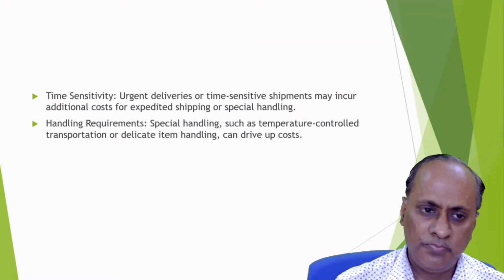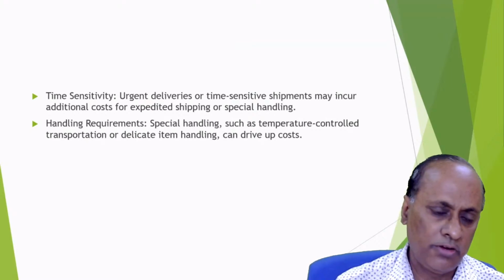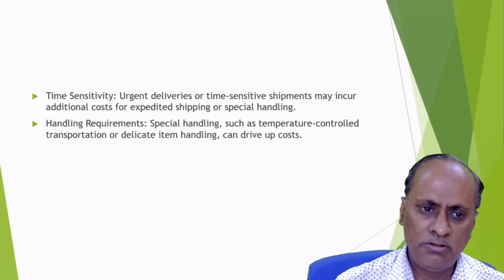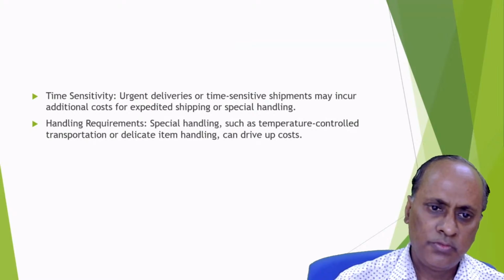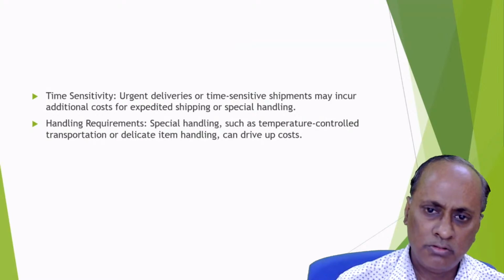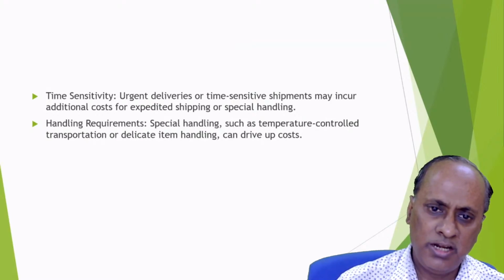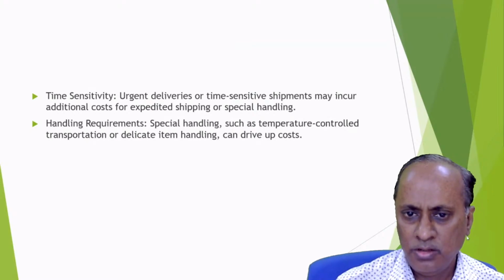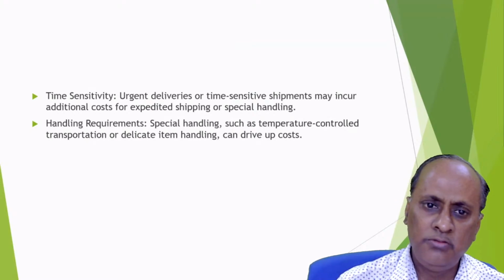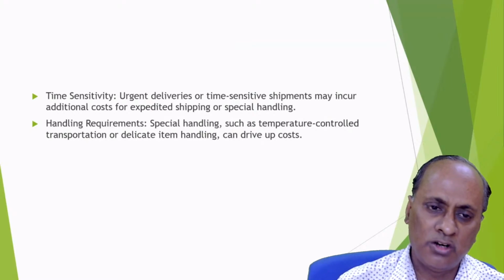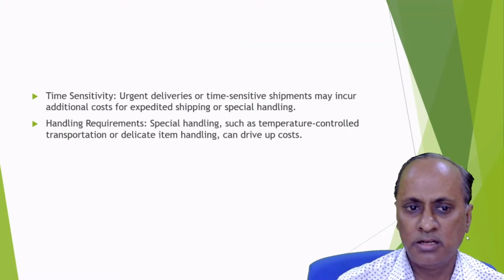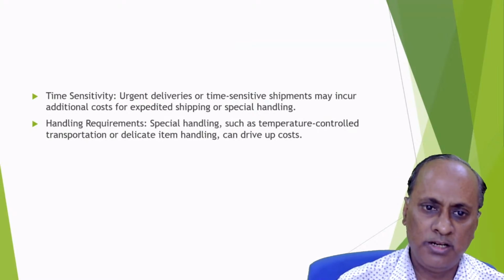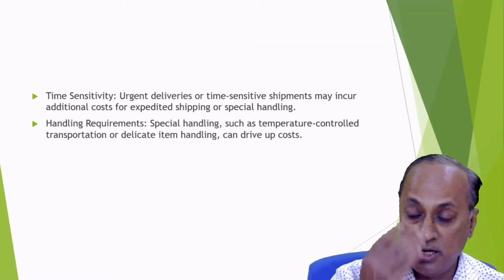Time sensitivity is also an important factor. What is time sensitivity? Suppose a customer wants the materials to be sent immediately and reached within 2 working days. Urgent deliveries or time-sensitive shipments may incur additional cost for expedited shipping and special handling.